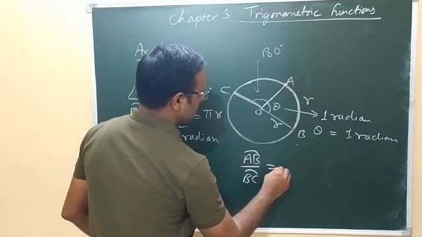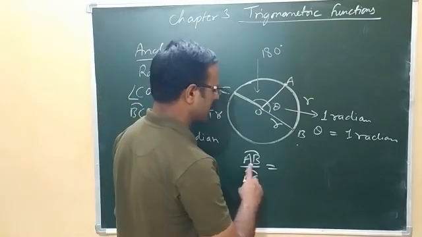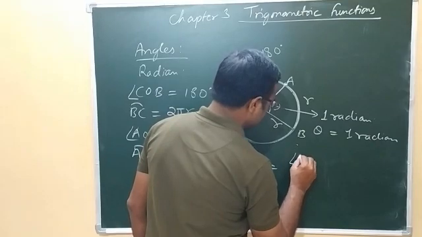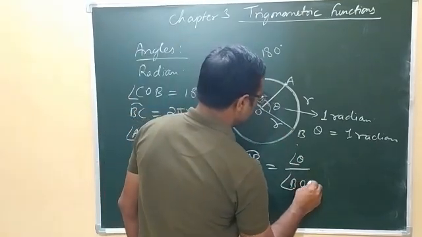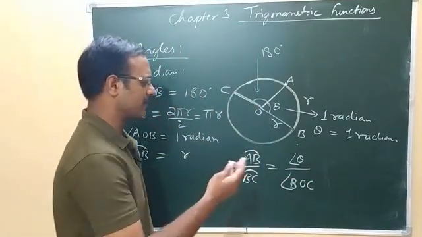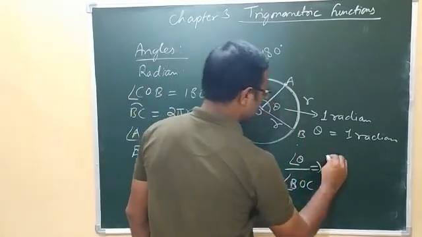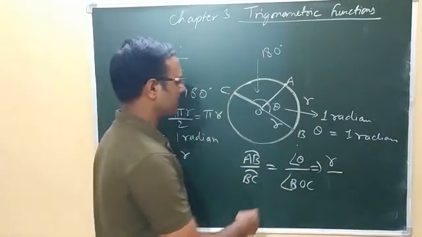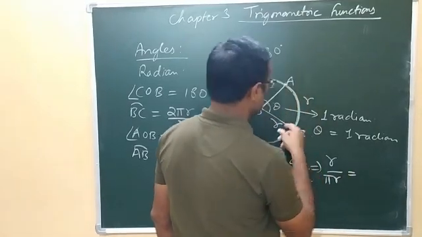If we divide both of these, they will be proportional to their angles, that is arc AB is proportional to angle theta, and arc BC is proportional to angle BOC. Let's put the values. AB is equal to r length, the length of arc AB is r, and the length of arc BC is pi r.